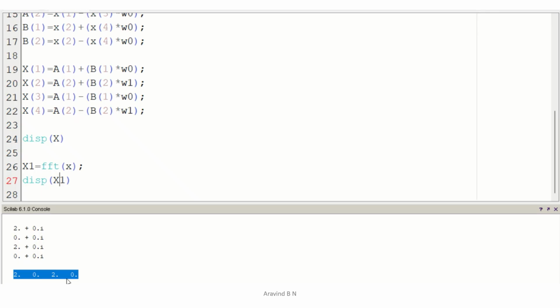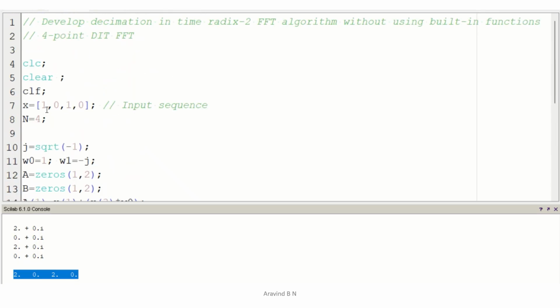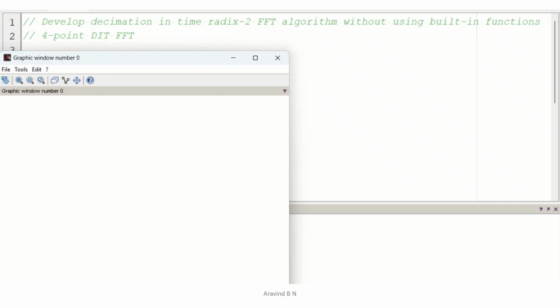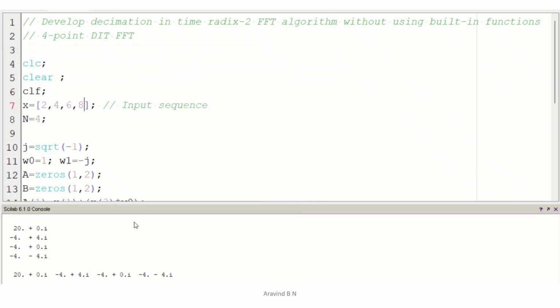Now let us have one more example where we are going to have the complex values as the result. So I will take 2, 4, 6 and 8. Now running this content. So we can make an observation.